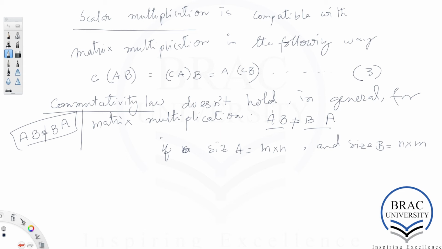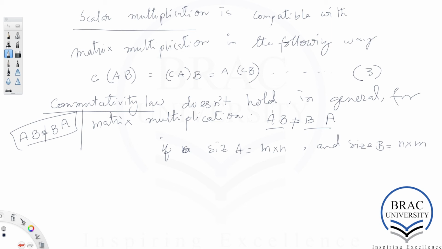So they are of the same size if and only if both A and B are square matrices of the same size, right? Like A is of size n times n, so is B, so that A times B is size n times n, and also B times A is of size n times n.